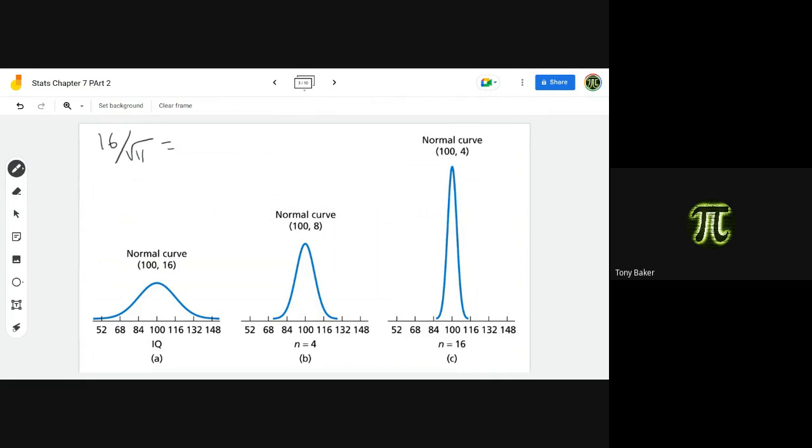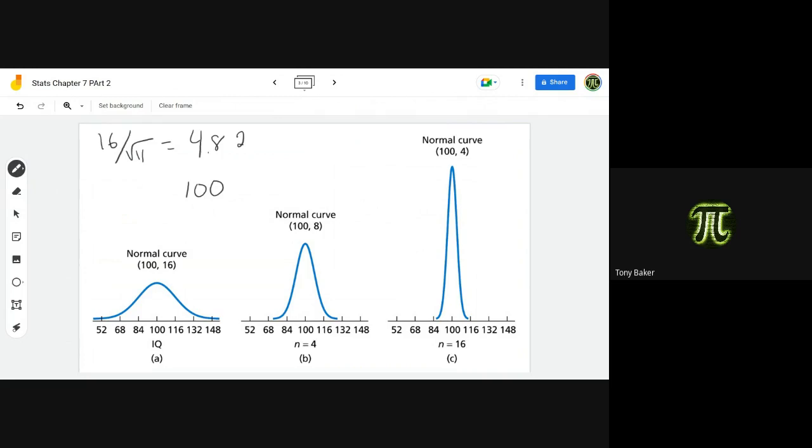4.8. So we get 4.82. So if 100 is a standard deviation there, right? 95% would be 2 standard deviations, correct? Yes? Okay.